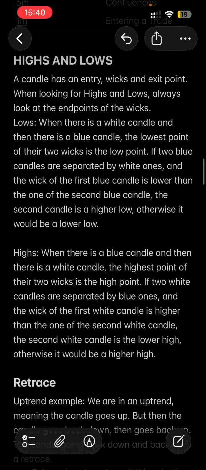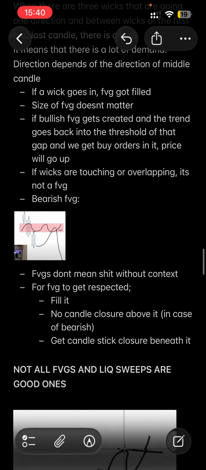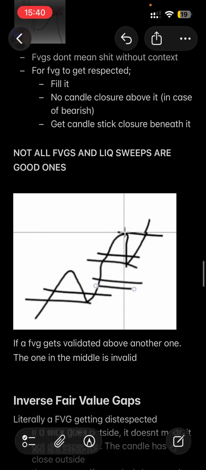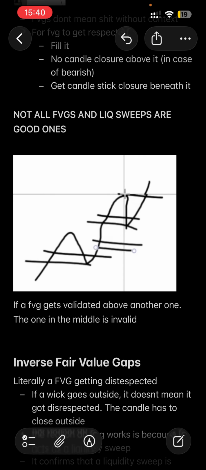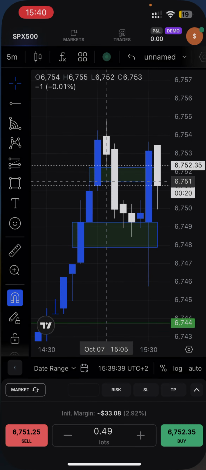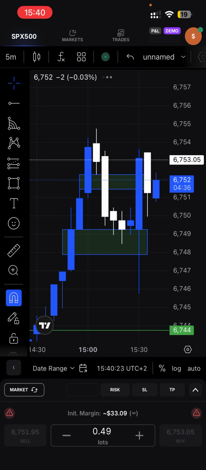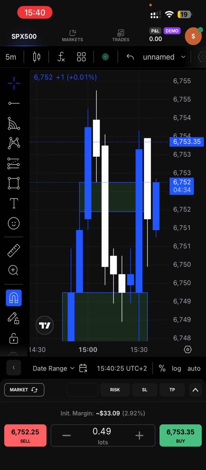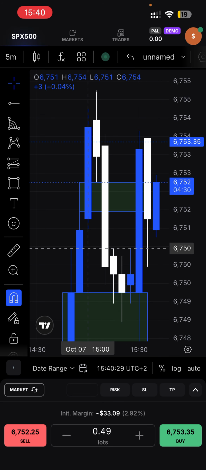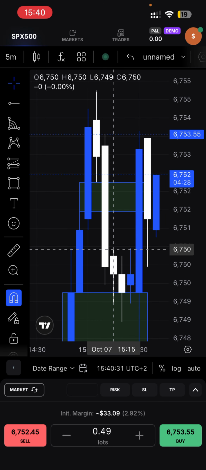I think I put it under fair value gap. Nope.